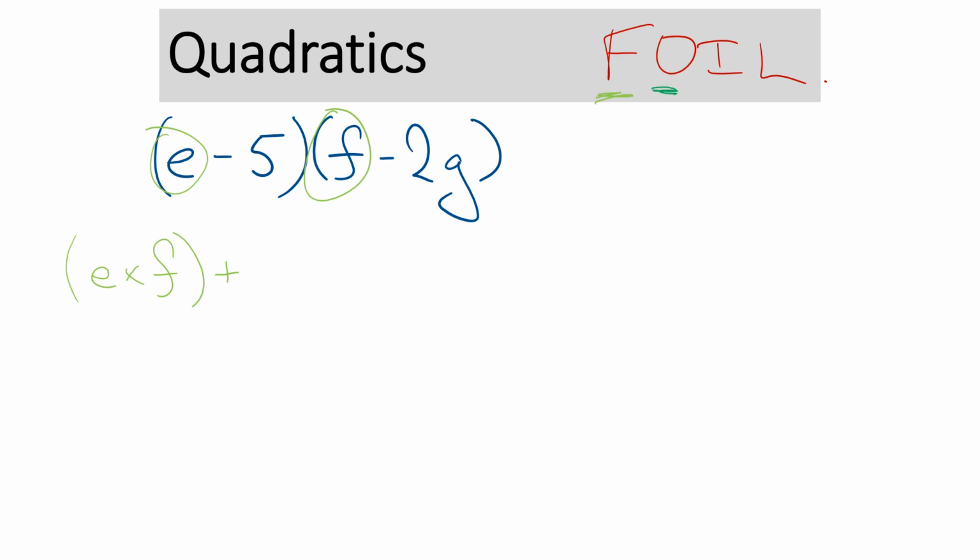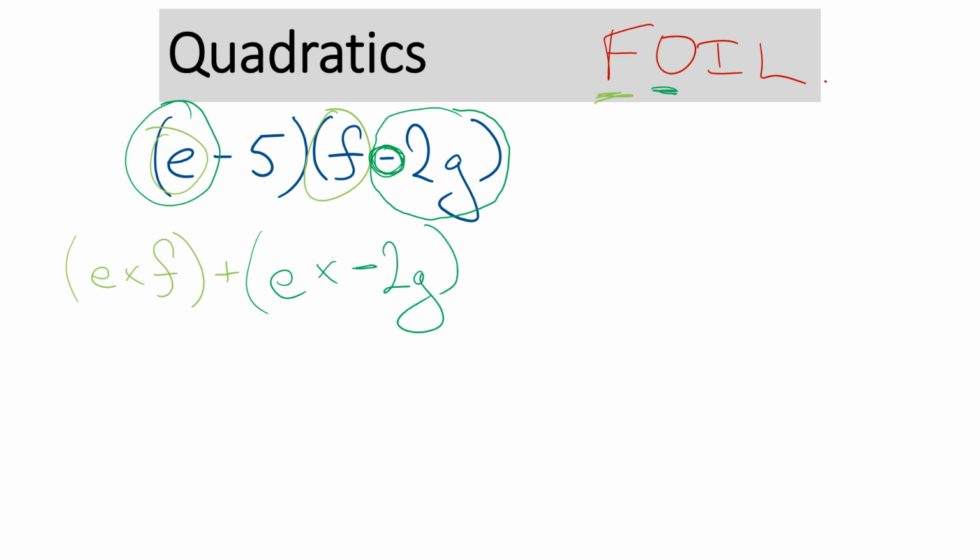This is where it gets a little bit more complicated. What's our outside? Well, we've got e and we've got negative 2g. You've got to make sure that you're keeping that operation with you. So open up some brackets, e times negative 2g, okay?